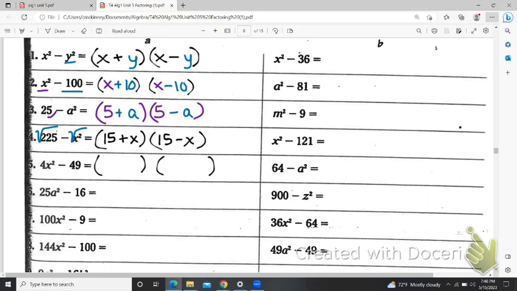So 4x squared would be 2x and 2x. 49, 7 and 7, one plus, one minus. Remember that these answers will look like your multiplication problems did in the earlier lesson, the first part, the other side of this page.